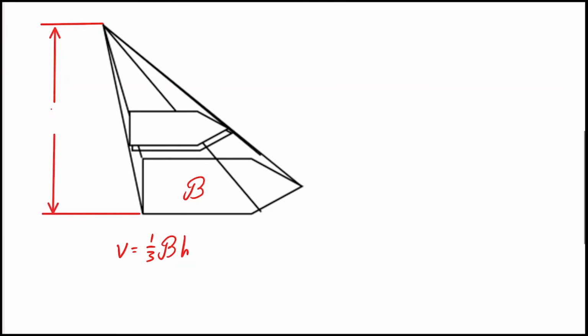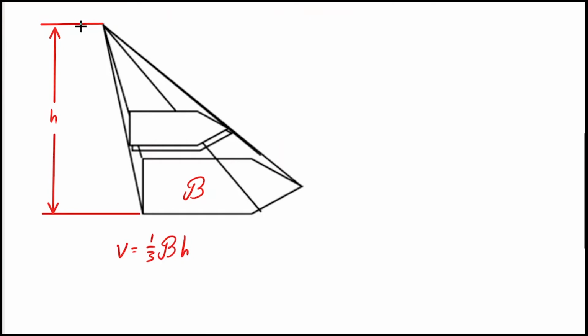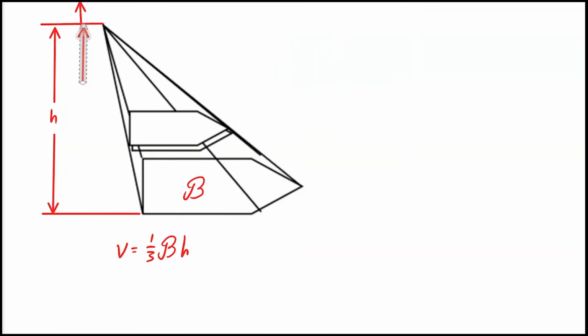This is my h height. And then I'm going to have the other distance from where the slat is.